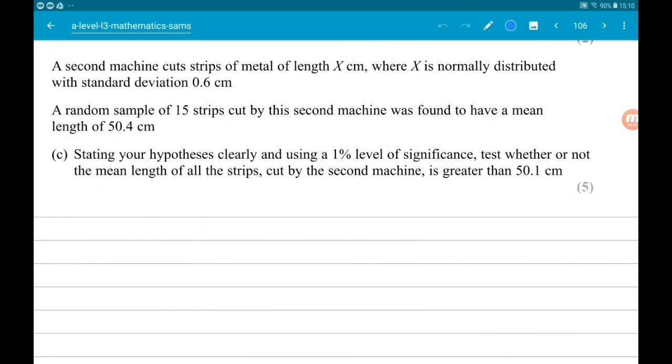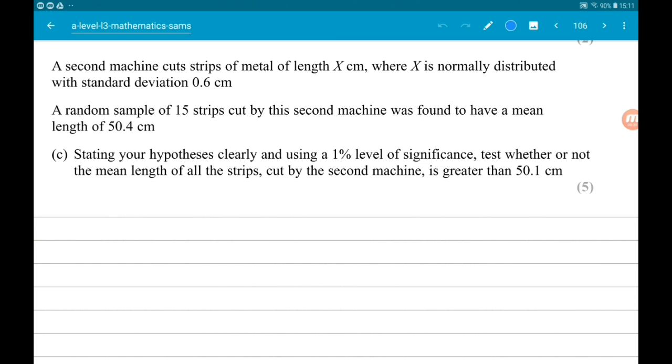Okay, then for the final part, a second machine cuts strips of metal of length x centimeters, where x is normally distributed with a standard deviation of 0.6 centimeters. A random sample of 15 strips cut by this second machine was found to have a mean of 50.4 centimeters.